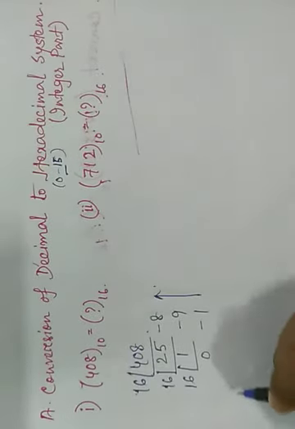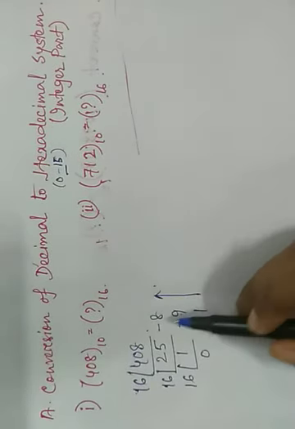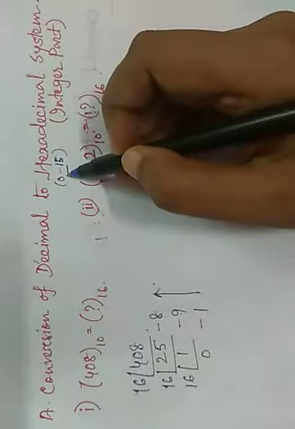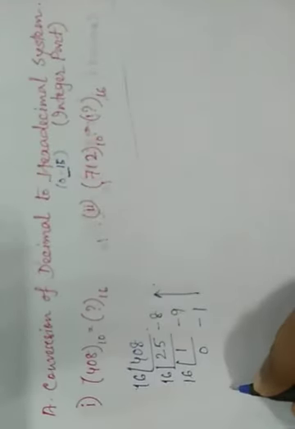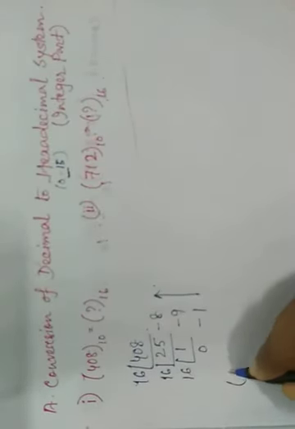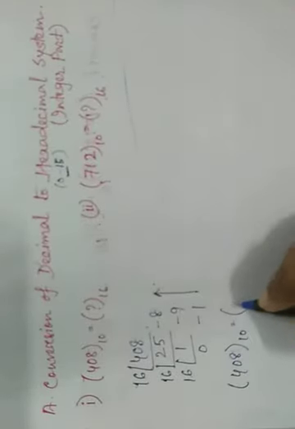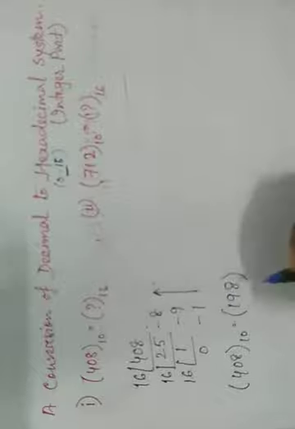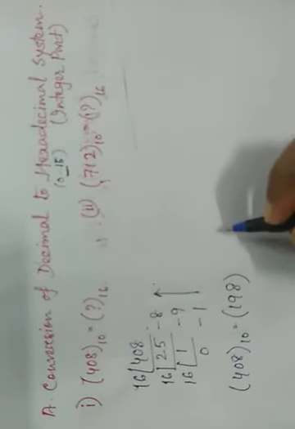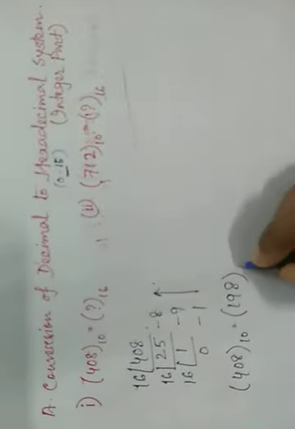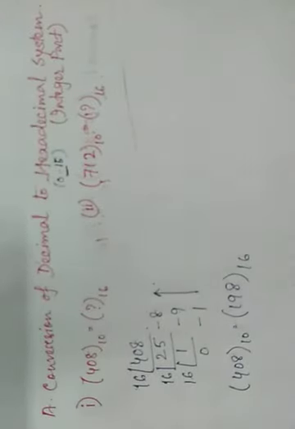Taking the remainders in the upward direction, you see 198. All these digits belong to the hexadecimal number system. Okay, so our value is 408 base 10 equals 198 base 16.